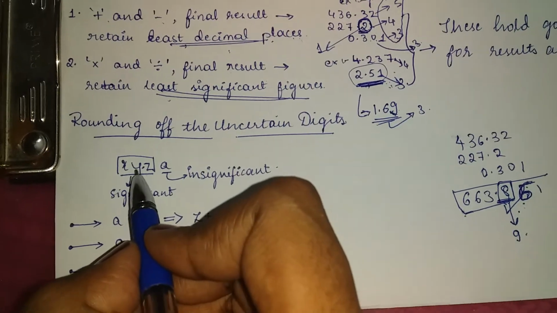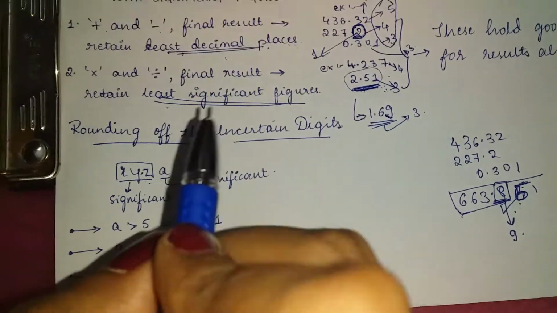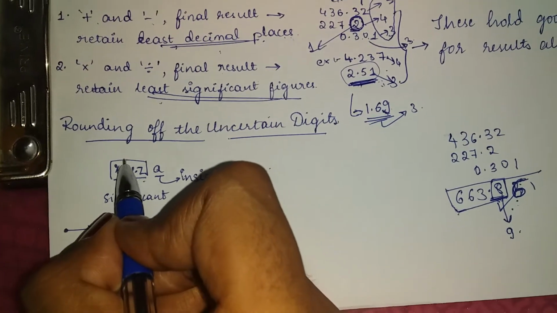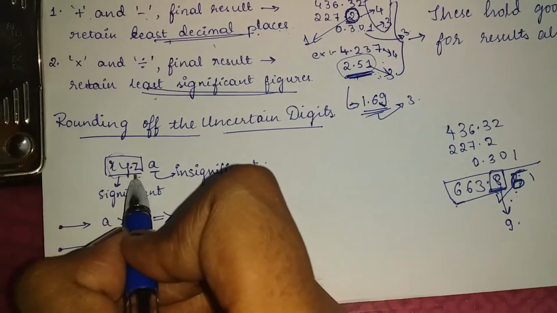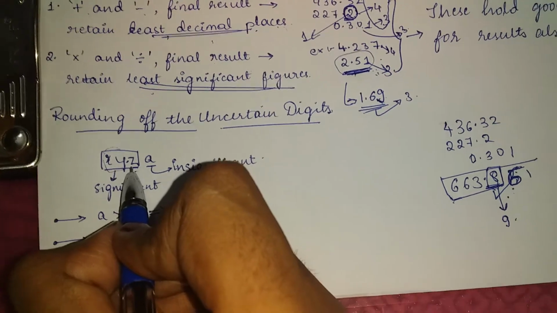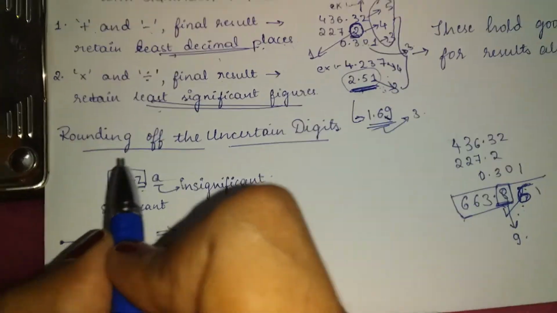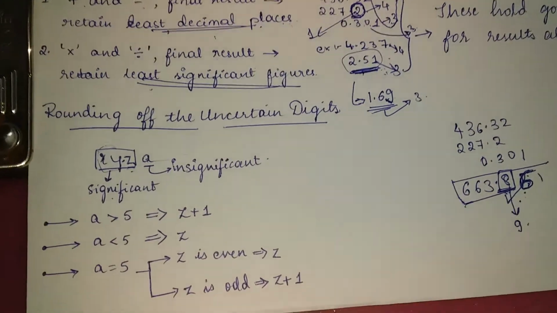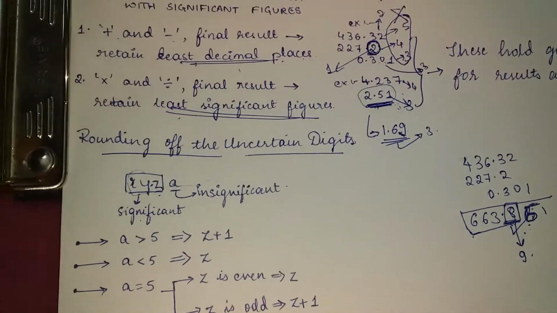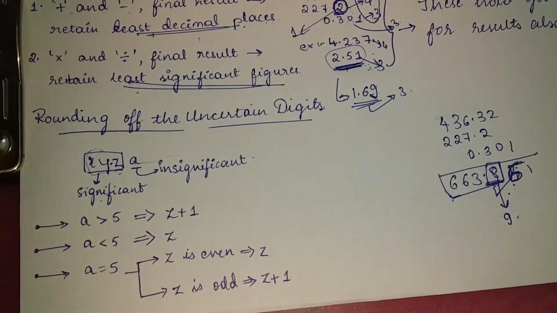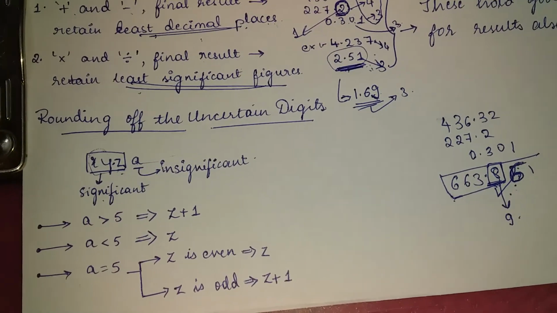For example, think this is a meter scale case, and here the reliable digits and the first uncertain digit are going to be significant. Any further uncertain digits are going to be insignificant. So significant is the reliable digits plus the first uncertain digit.